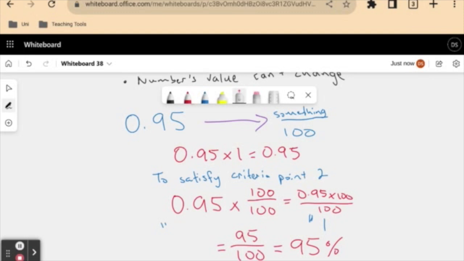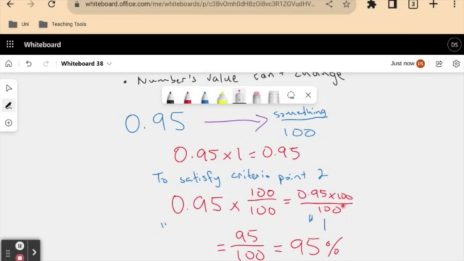It's still showing the same quantity, just in a different way. So we can't change this number 0.95. And the only way we can carry out a multiplication without changing it is multiplying by 1. So in essence here, we're just multiplying by 1, but we're doing some mathematical gymnastics to express 1 as 100 over 100. And the reason we do this is to get 100 on the denominator here.